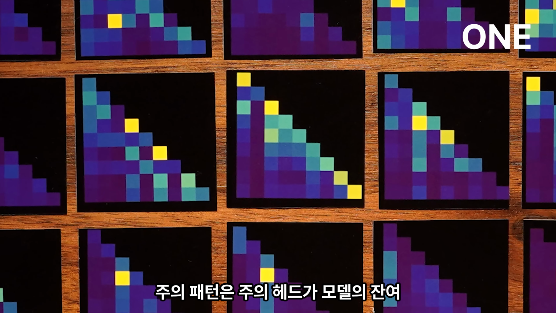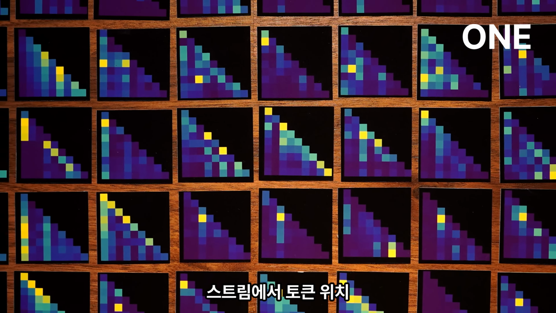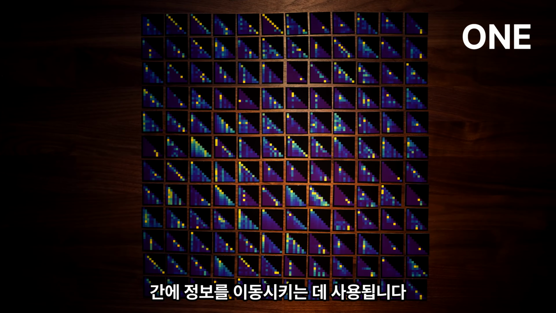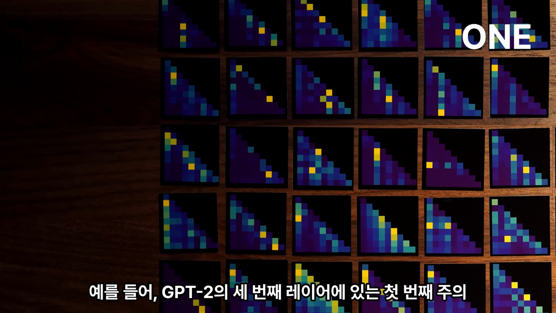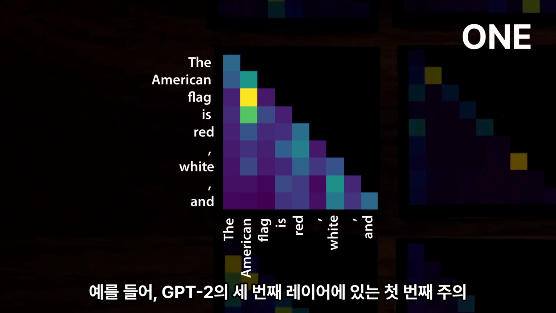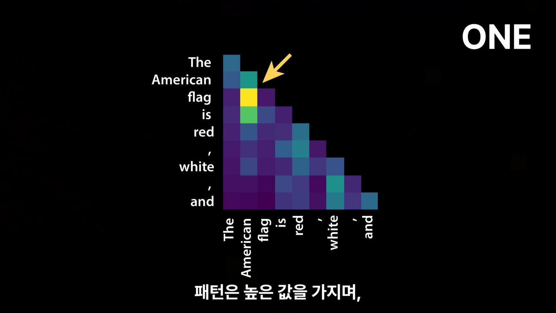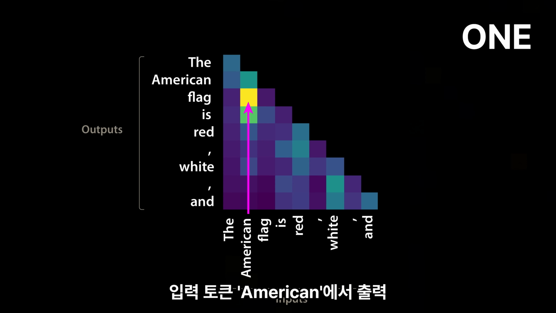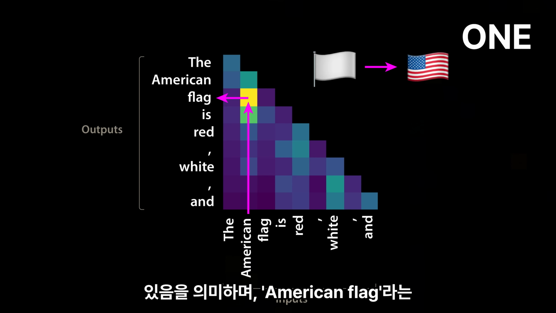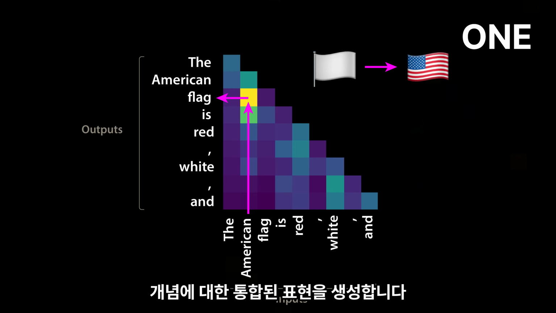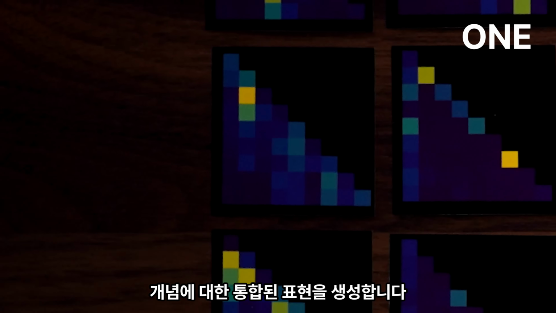Attention patterns are used by attention heads to move information between token positions in the model's residual stream. For example, this first attention pattern in the third layer of GPT-2 has a high value, mapping from the input token of American to the output token of flag, meaning this attention head is likely applying the modifier American to the noun flag, creating a unified representation for the concept American flag.